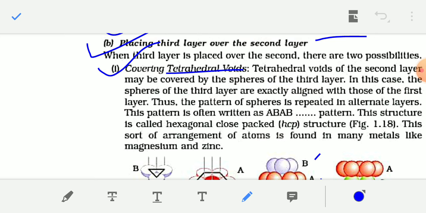The tetrahedral voids of the second layer may be covered by the spheres of the third layer. In this case, the spheres of the third layer are exactly aligned with those of the first layer. Thus, the pattern of spheres is repeated in alternate layers, and this pattern is often written as AB type arrangement. This is three-dimensional hexagonal close packing, and this structure is known as hexagonal close pack structure in three dimensions.